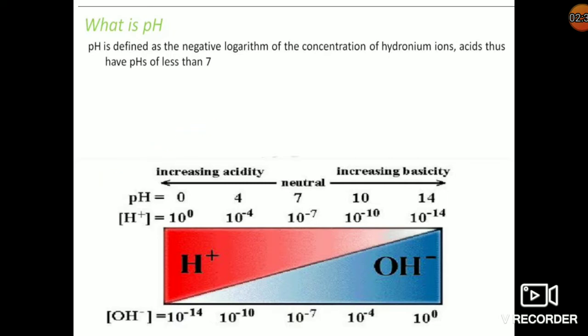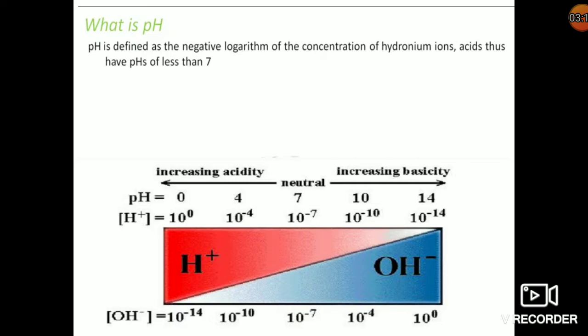In this picture, you can see how the pH scale varies. The range of pH is 0 to 14, and the hydrogen ion concentration, if you see from left-hand side to right-hand side, that means from 0 towards 14, is slowly decreasing. Towards 0, the hydrogen ion concentration is more. It indicates that the solution has more H plus ions, that is, the stronger acid must have lower pH.